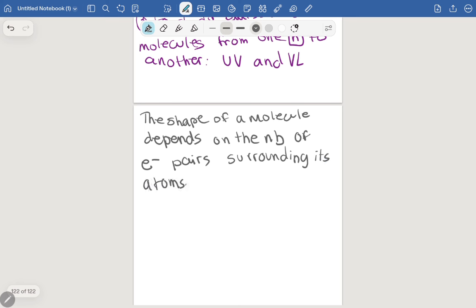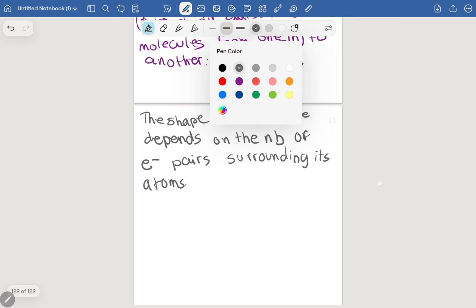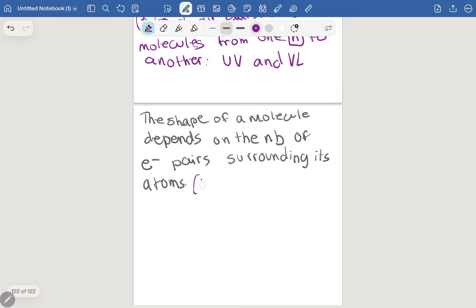Now, what do we mean when we talk about electron pairs? We're talking about both bonded electrons and lone pairs. So both of these, we're talking about them when we say the electron pairs surrounding its atoms. That means we consider both lone pairs, which is the 2 dots, and the bonded electrons, which is the bond.